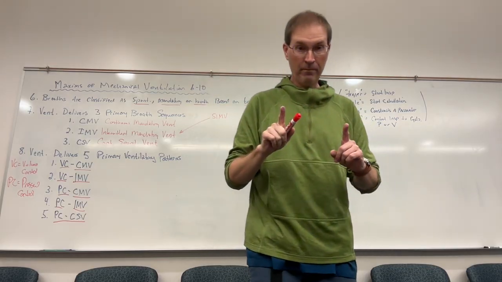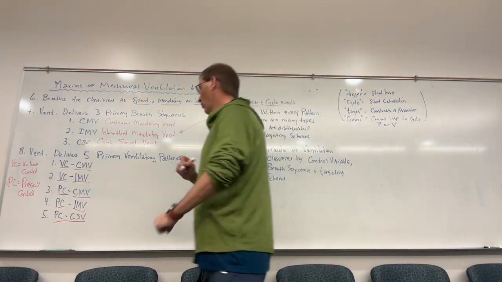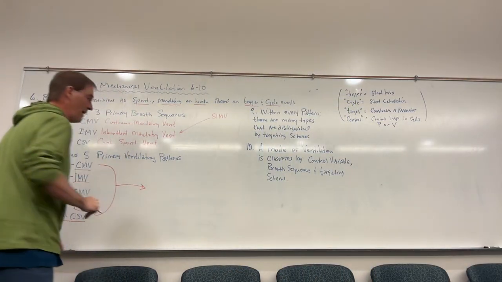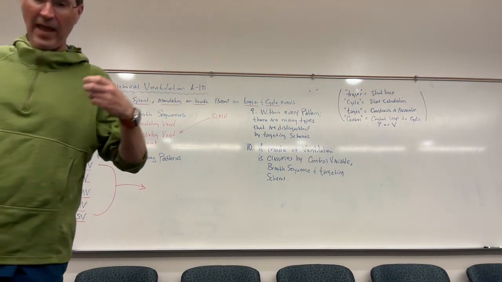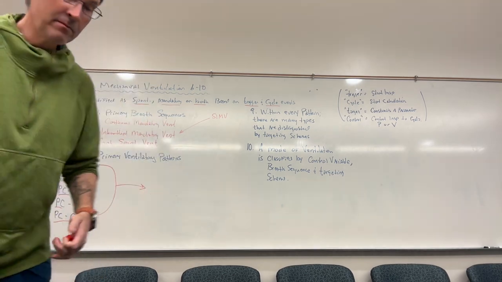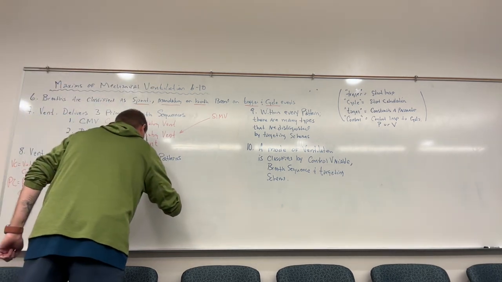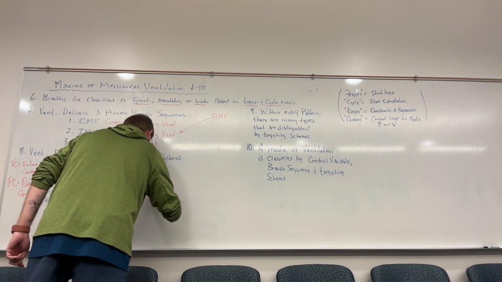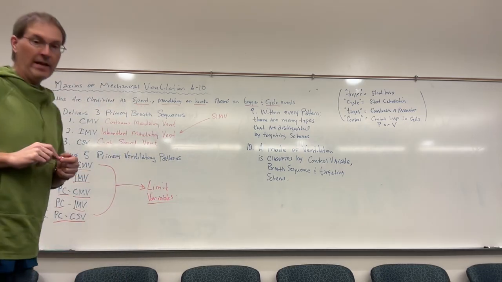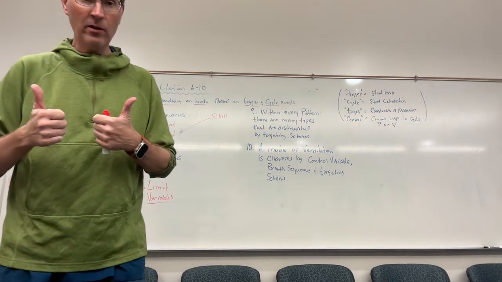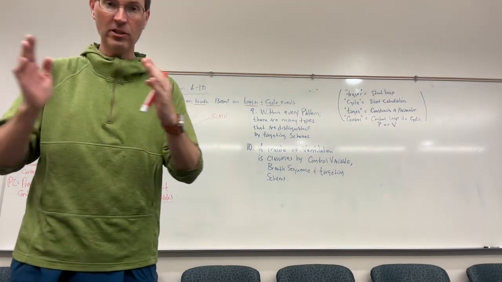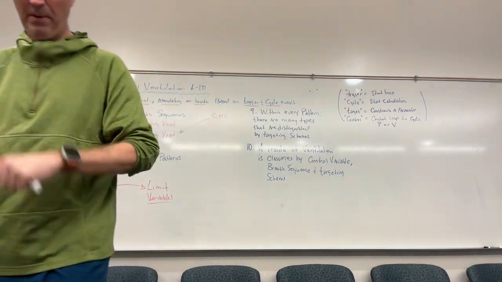But remember, within these ventilatory patterns, there are a number of limit variables that the ventilator can use. And remember, a limit variable does not determine triggering or cycling. A limit variable is just kind of putting a boundary or a barrier, right?